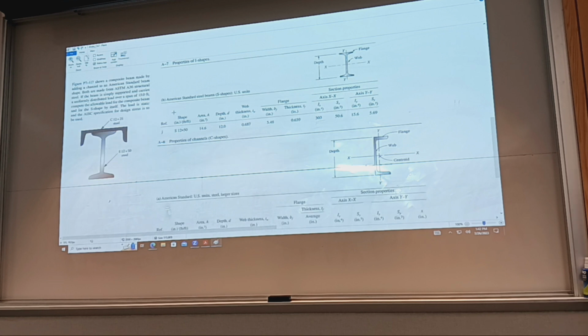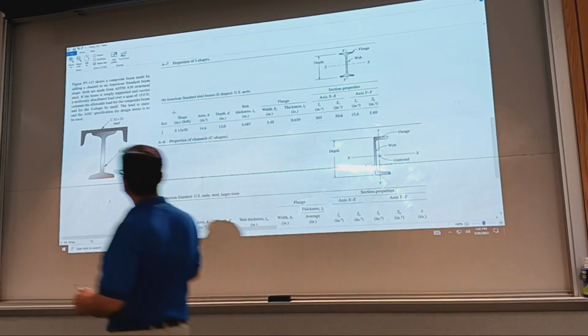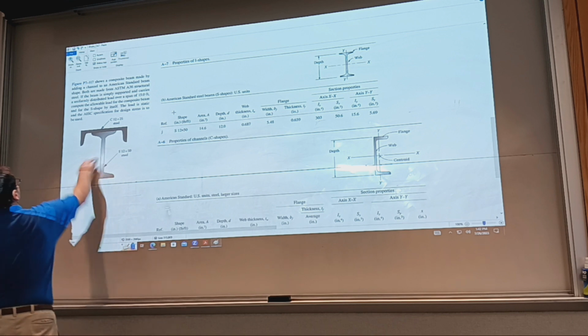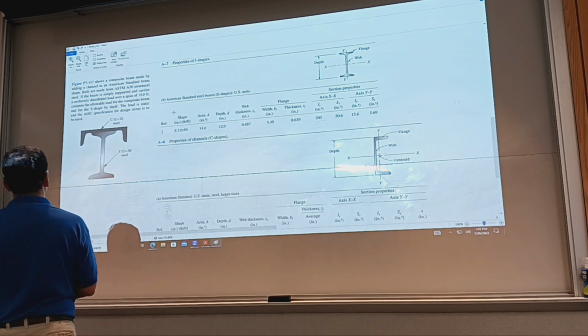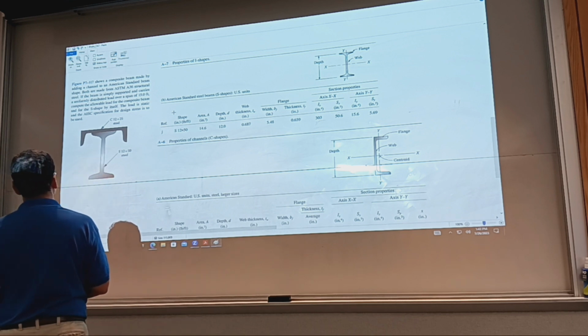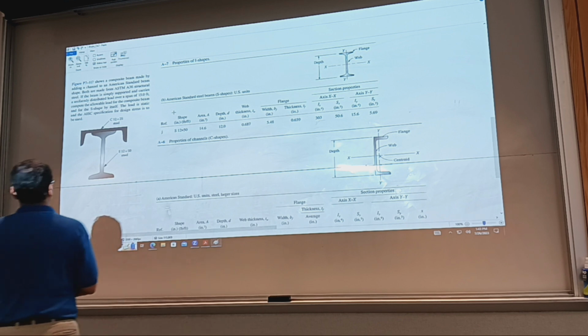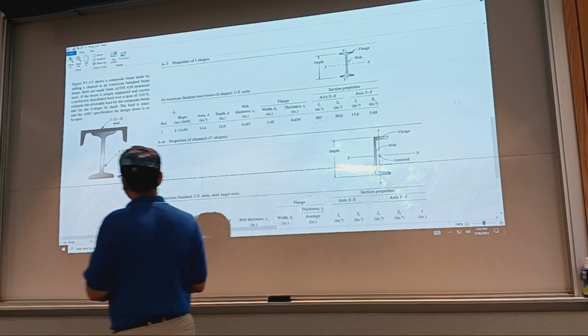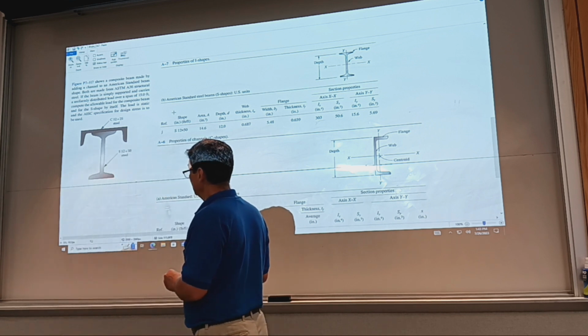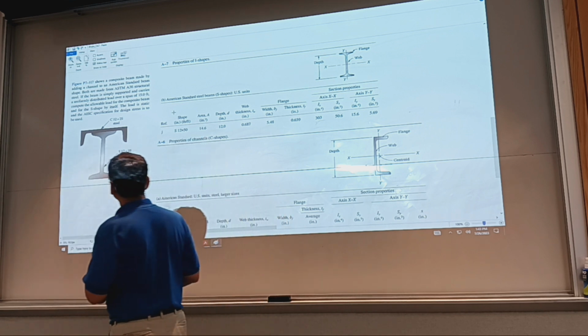All right, so it talks about a composite being made of two sections. It says it's simply supported and carries a uniformly distributed load over a span of 15 feet. Compute the allowable load for the composite beam and for the shape itself.